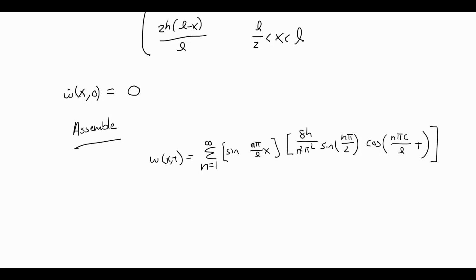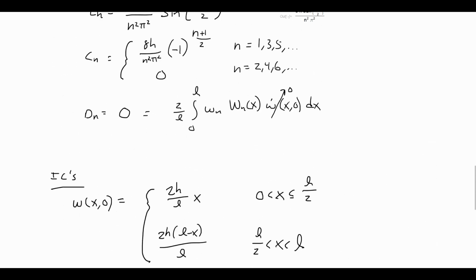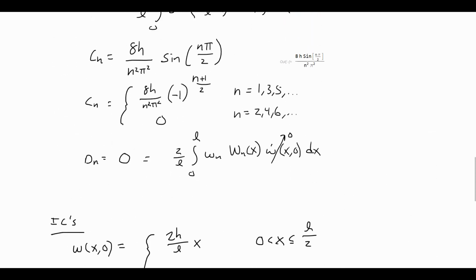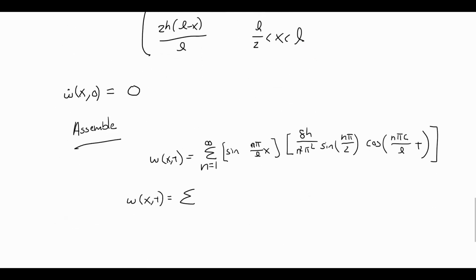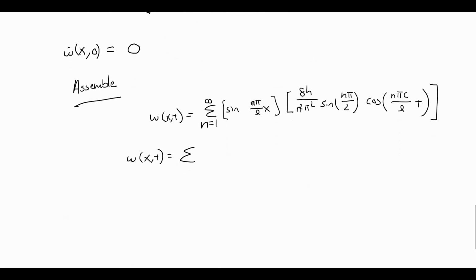I can simplify this a little bit further if I want to, because of the nature of this sine of n pi over 2 happening. I know that every even value is actually going to be 0, because the dn are all 0 and the cn are 0 on even values of n. So I could say that this is the summation on only odd values of n, would be a way to write this.